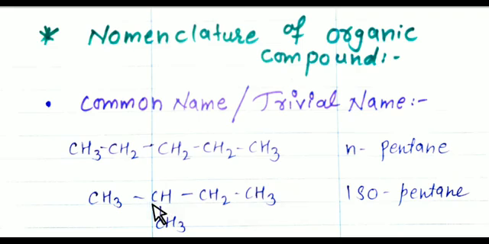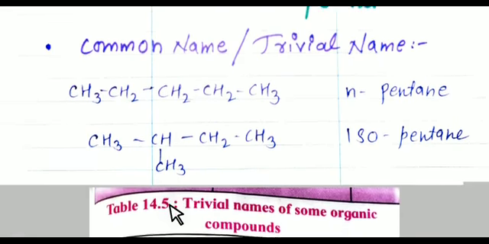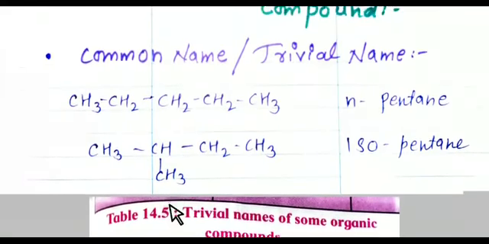In this example, this carbon atom is attached on one side with 1 carbon, here 1 carbon, here 1 carbon, but in this compound the carbon is attached again with hydrogen. There is no functional group. So when one carbon atom is attached with 3 carbon atoms and the next is a functional group, it is known as tertiary. And when one carbon atom is attached with 4 carbon atoms, it is known as neo.